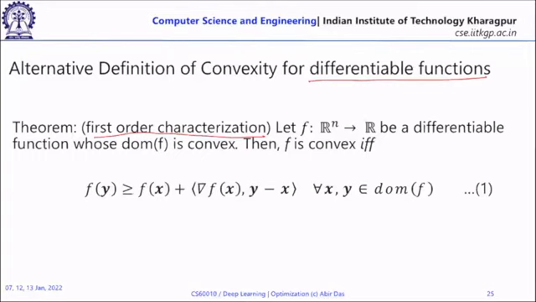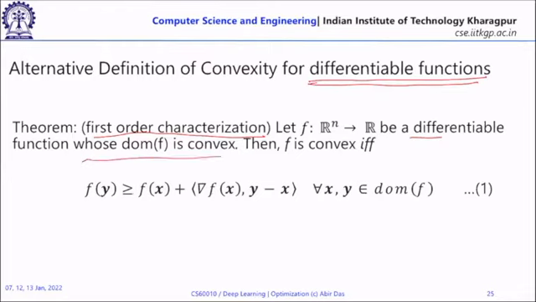Again, f is a differentiable function. The function has to be differentiable. There may be convex functions which are not differentiable, but those are very typical complex examples, and I'm not going to that.